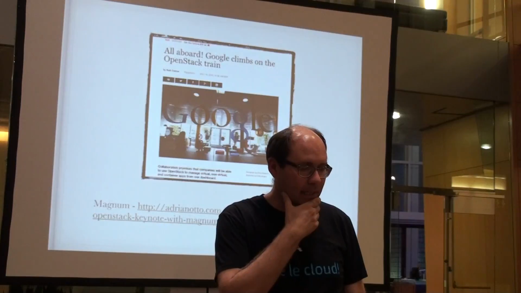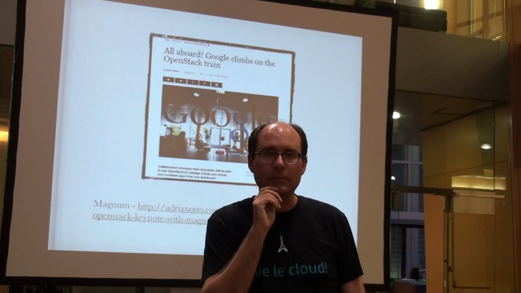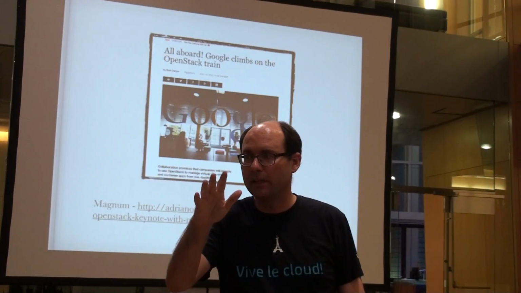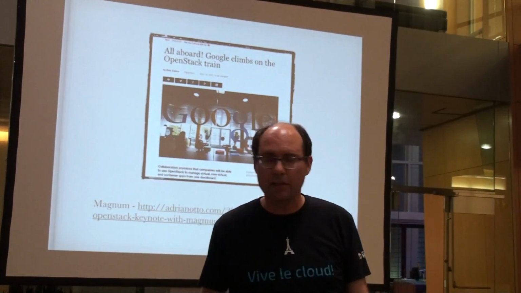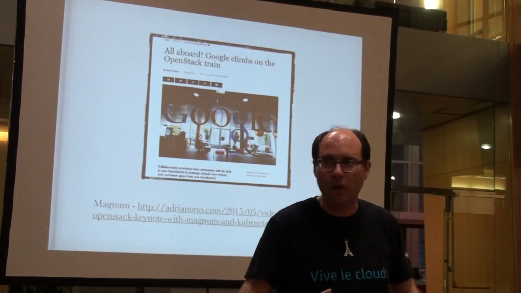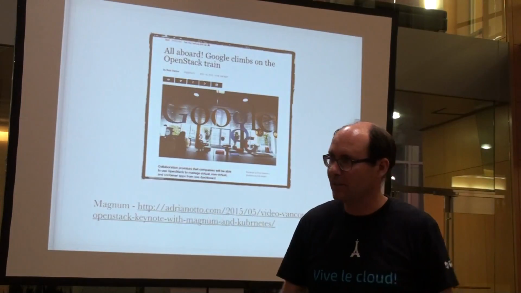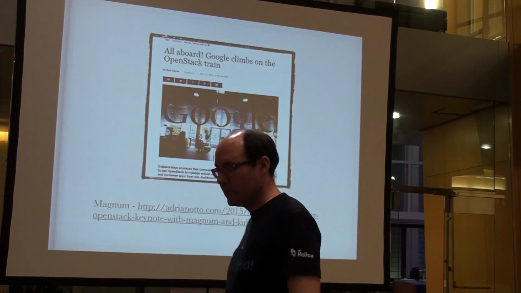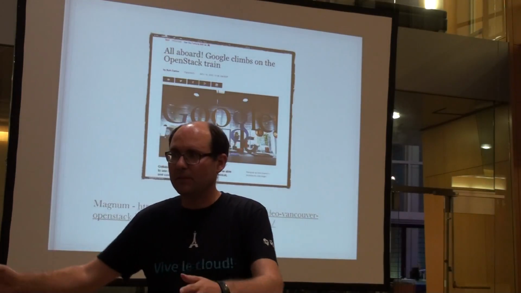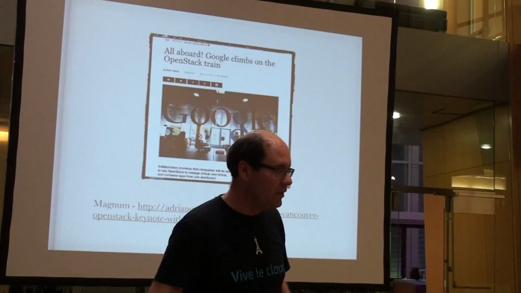And Google's been doing containers for a long, long time. And they gave the world Kubernetes, which is a way to orchestrate containers. And they want to see the adoption of Kubernetes skyrocket, for whatever reason. So they joined OpenStack because they have compute, they have orchestration, so it seems to be a good fit.